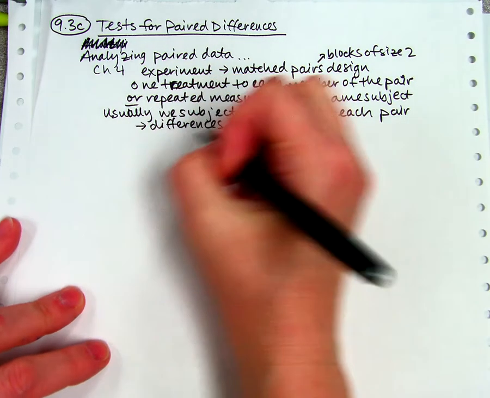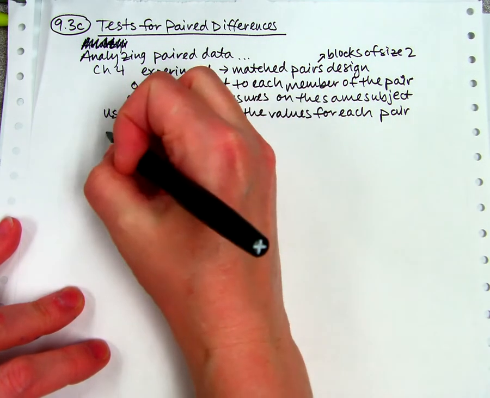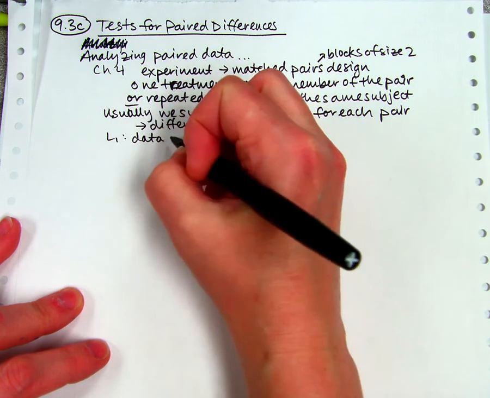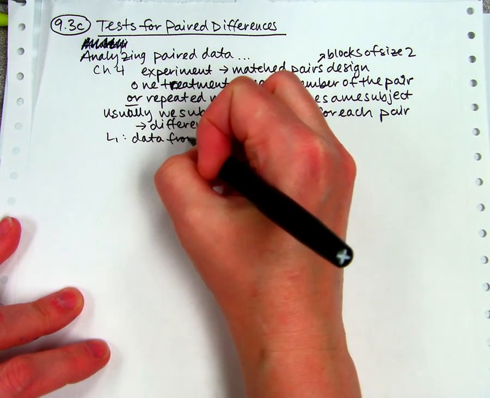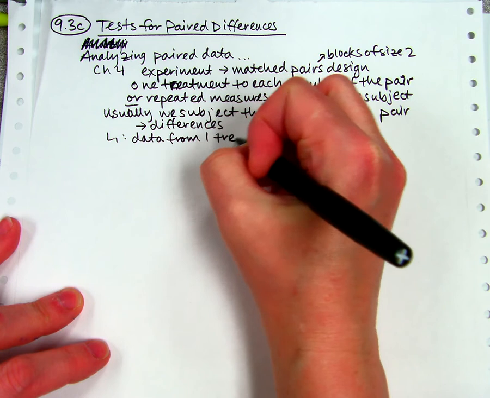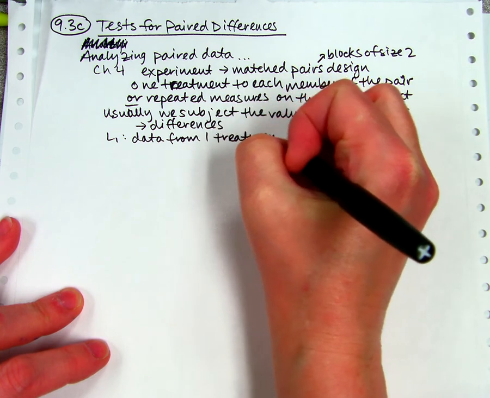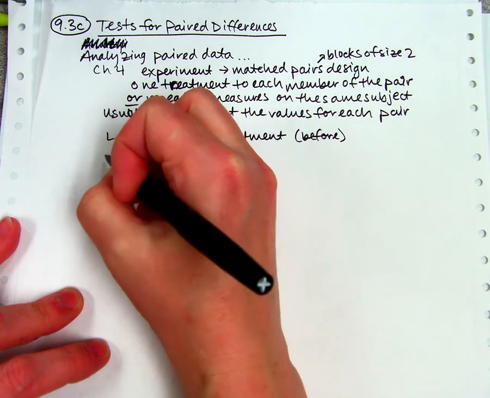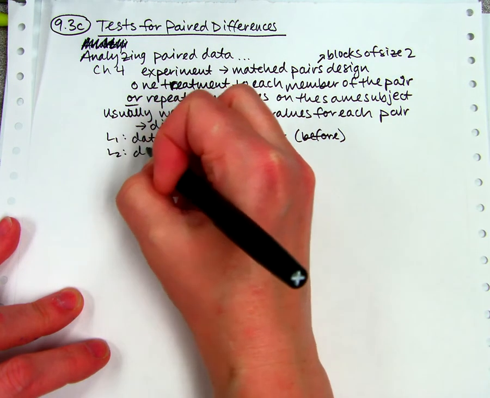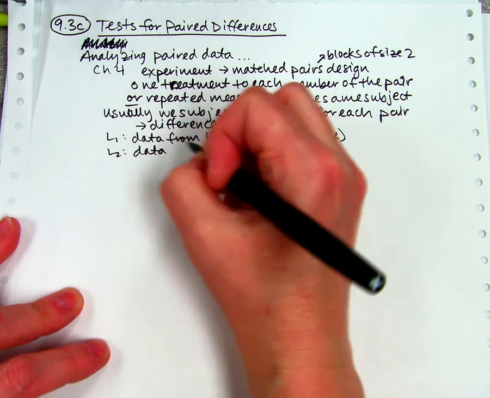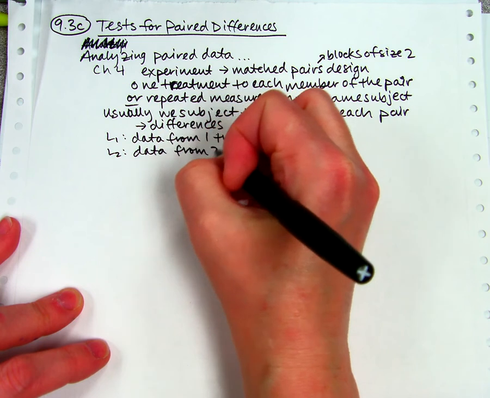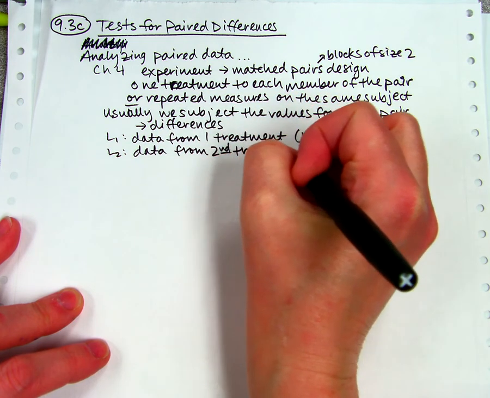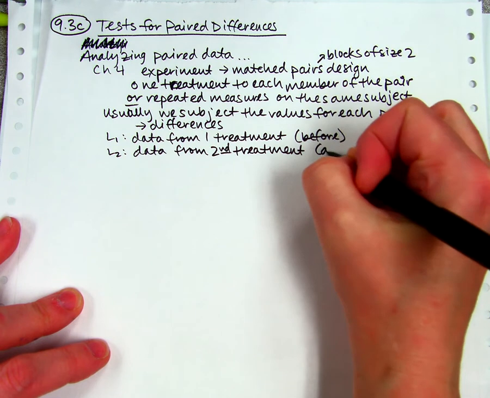I just want to talk a little bit about what you would do on your calculator. In list 1, you would have your data from one treatment, or sometimes it's a before and after situation. That's actually pretty common. List 2 would have the data from the second treatment, or sometimes if it's before and after, this would be the after data.